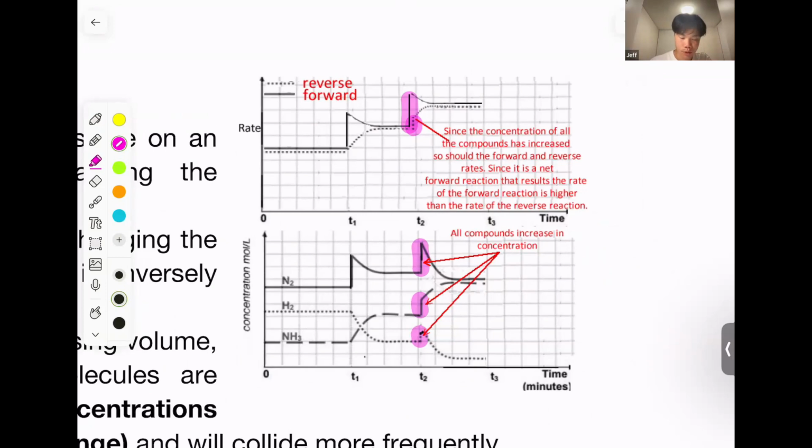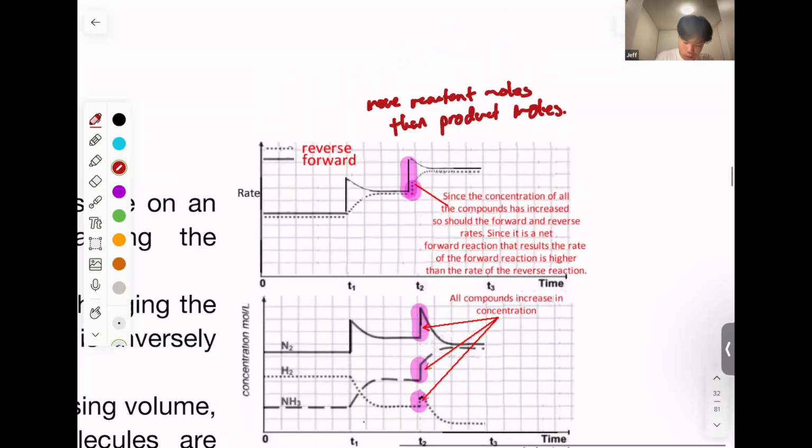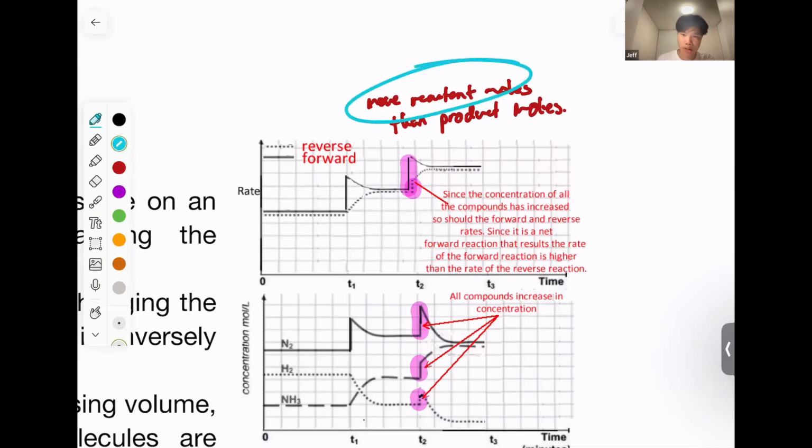In this case, because there are more reactant moles than product moles, the side with more moles is affected by the change proportionally more.